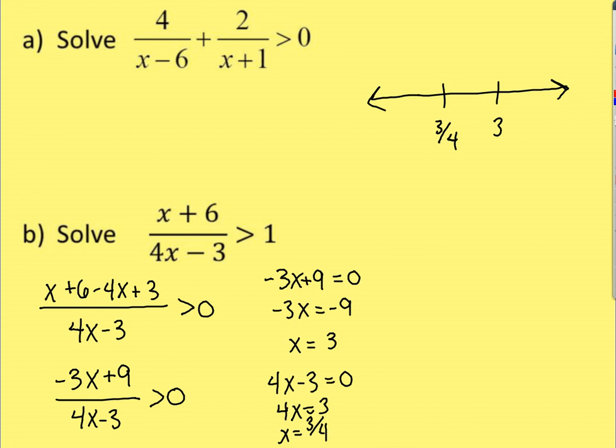So when we make our sign chart, we put our asymptotes and our x's on there. We need to pick a value that's less than 3/4. So let's use x equals 0. We need a value between 3/4 and 3, which we can pick as 1. And we need a value that is larger than 3, so we can pick 4.